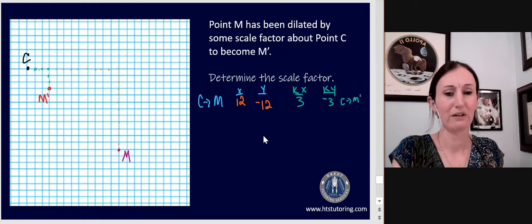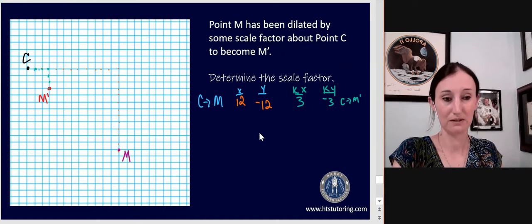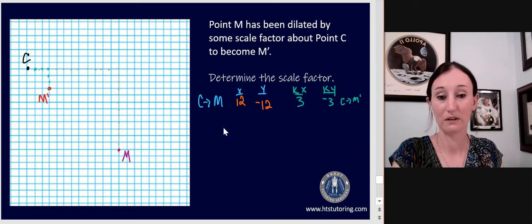So now how do we figure out what that k value is? Remember, you're going to multiply that k value by your original x to equal your new value. So we're going to have k times original x equals new value.